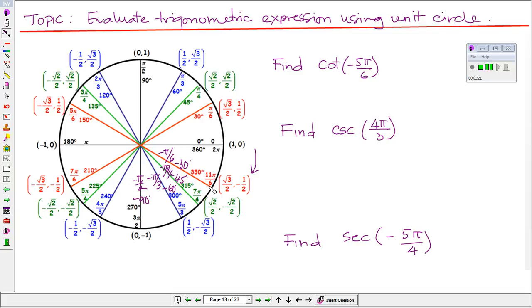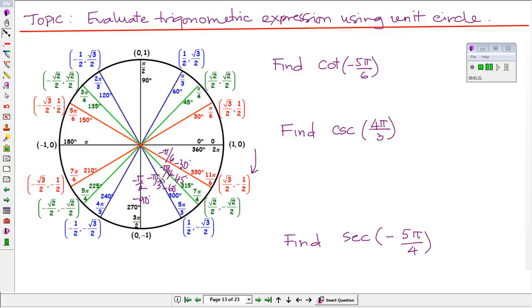So first you can look at our color code. Negative 5 pi over 6 must end up in one of these 4 terminal sides with the red color. So you can count right here. This is negative 1 pi over 6. So it's a multiple of pi over 6.